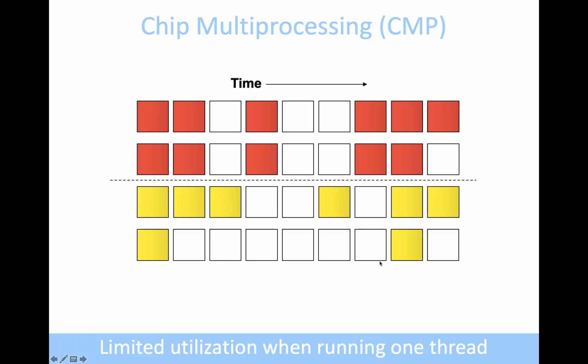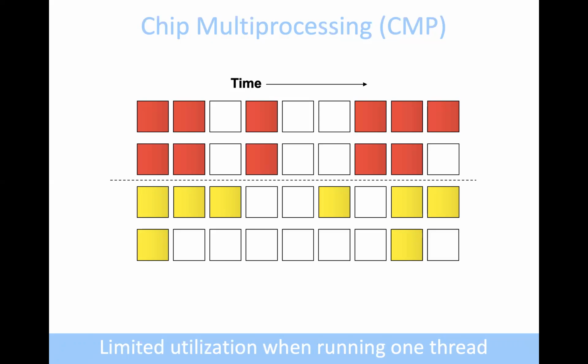So there's some amount of loss, but the added benefit of being able to do another thing just means that it works out better in most cases. You might have changed your programming a little bit. But if you had only one thread, only one task that you were trying to run, then the chip multiprocessor is kind of useless.